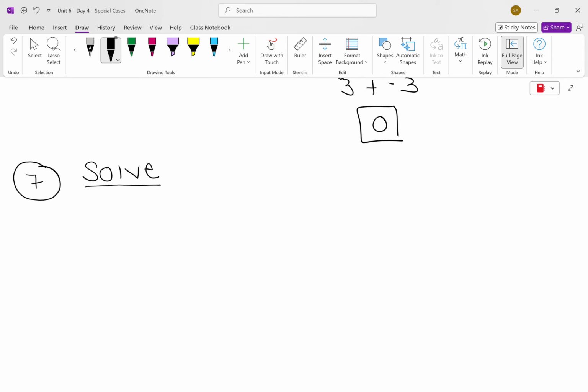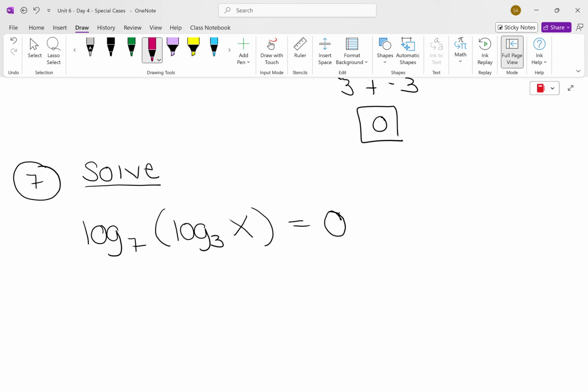I want us to solve log base 7 of log base 3 of x equals 0. There's nothing that's going to help me here. There's no shortcut here, right? Can I manipulate an x into a base of 3? No, we can't. All right, so I can't use any shortcuts.